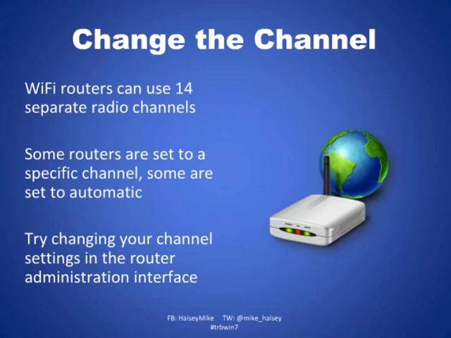So always check to see if you can change the channel, and if you can change the Wi-Fi channel, then that again may fix problems, especially if you've got a situation whereby you can get online on a computer that's got a network cable plugged into it, but you find that the Wi-Fi isn't working.